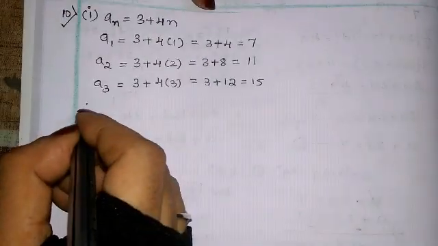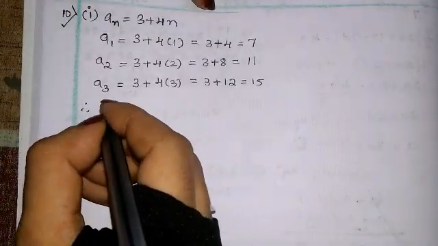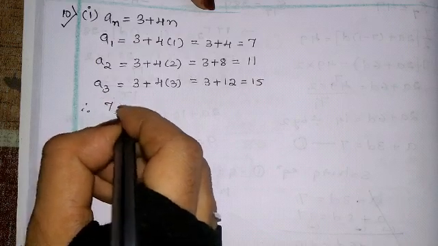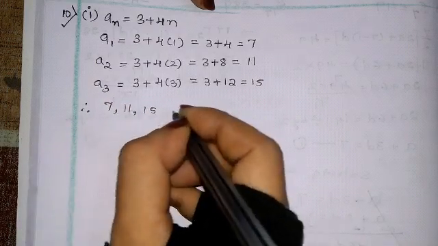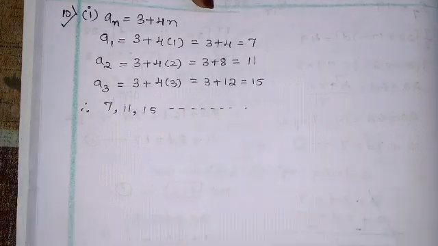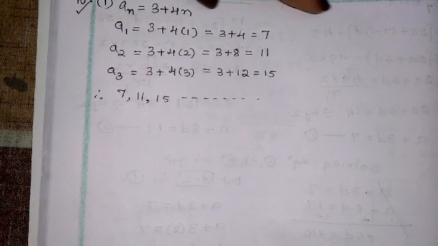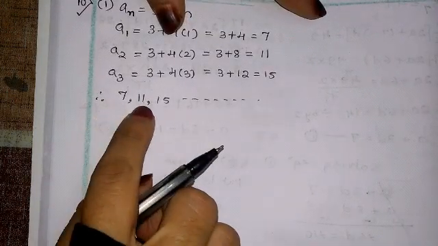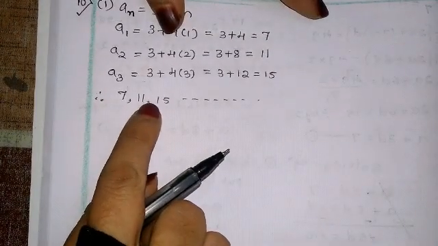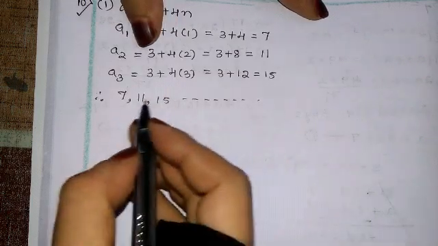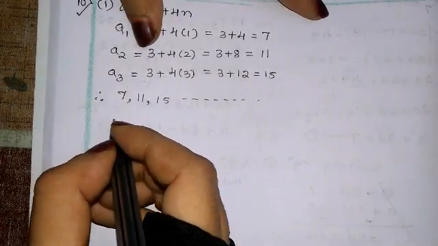Therefore, let us write in sequence form: 7, 11, 15 dots. We should check whether it forms an AP or not. How can we find that? In exercise 1.1 we have done problems to check whether a sequence forms an AP or not. I'll write here: the difference should be the same.